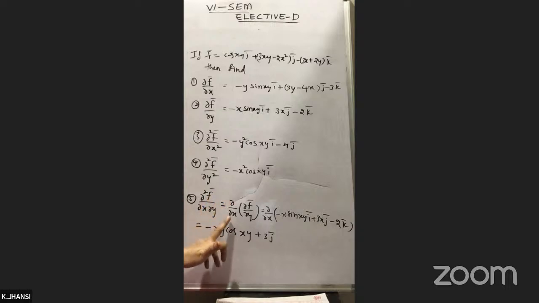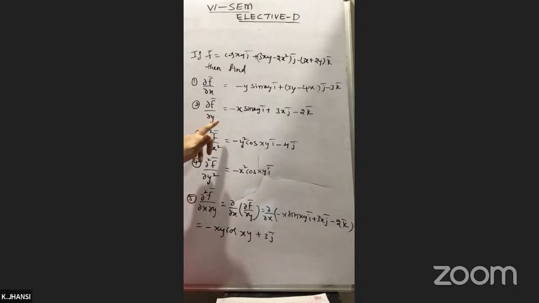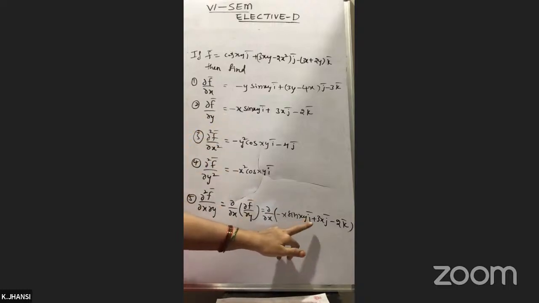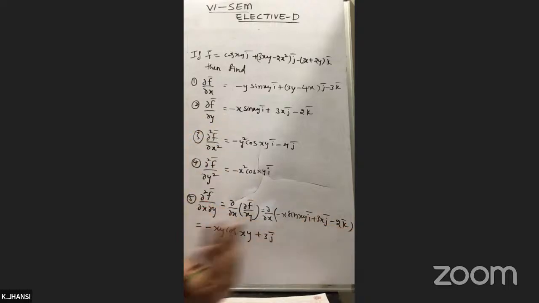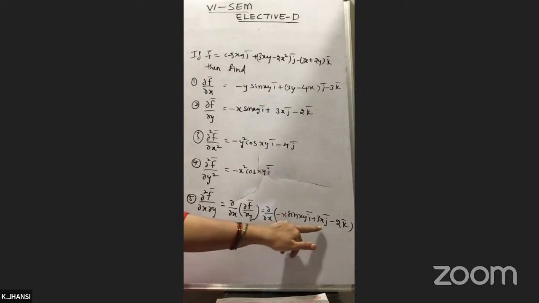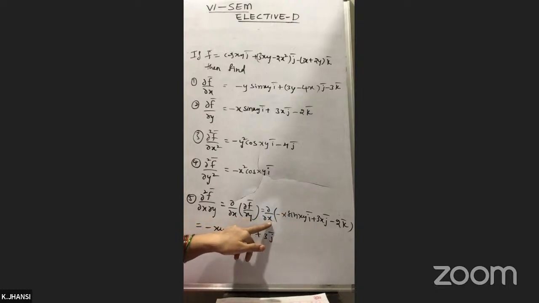So you just have to split this one: ∂/∂x into one more ∂ will be there, that is ∂f/∂y. If you take ∂/∂x outside and write the ∂f/∂y value, minus x sin xy i plus 3xj minus 2k, now whatever this term is, you are differentiating with respect to x.